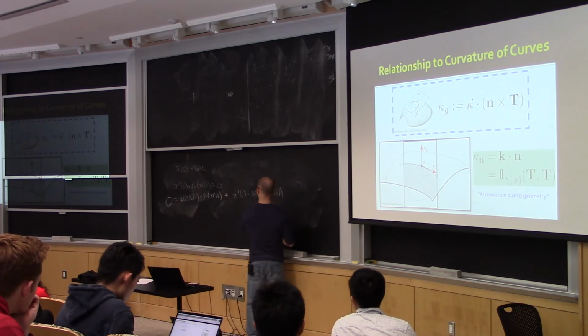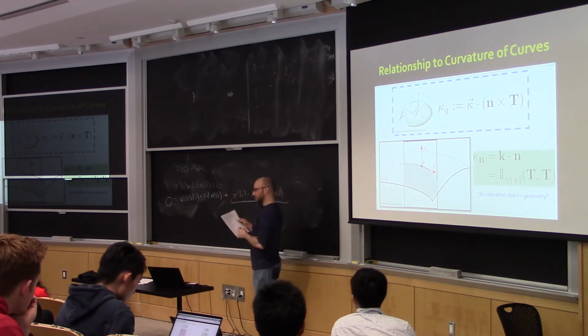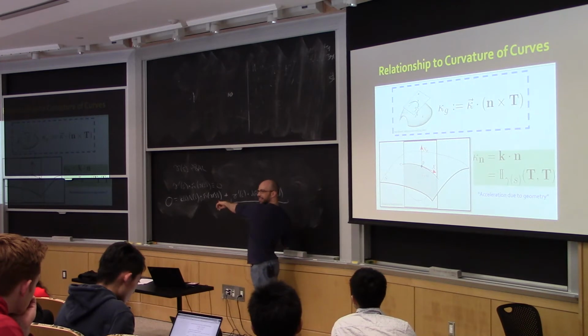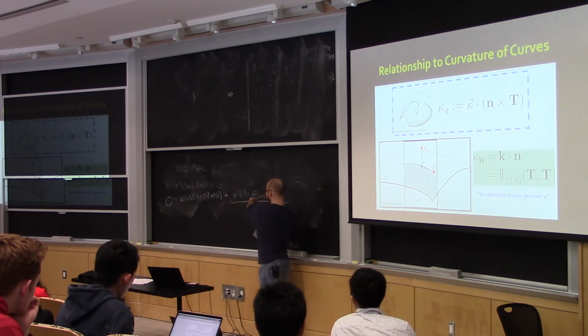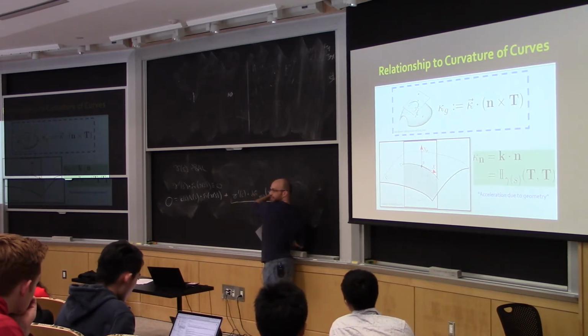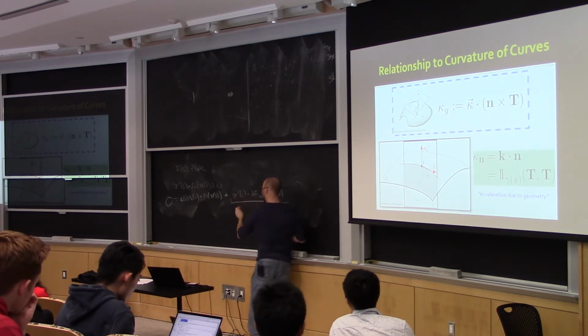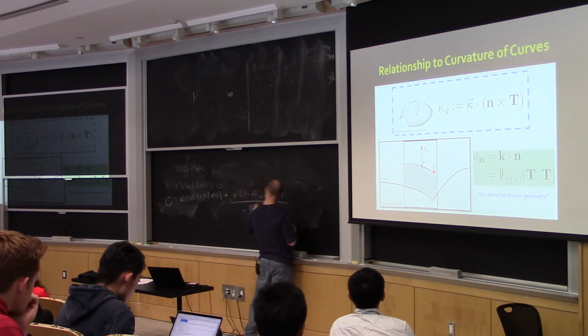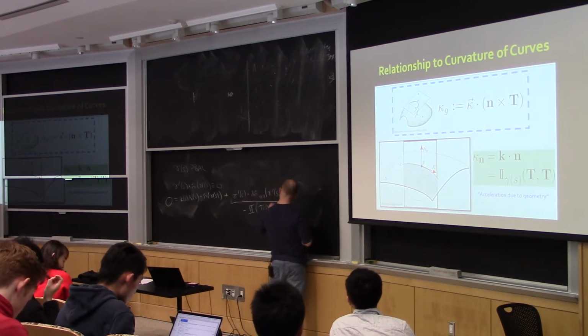Okay, so now we're in good shape, yeah? Because, so what is this thing? Yeah, this is just the definition of the second fundamental form, right? Because I took the normal, I differentiated it, and then I dot producted it with something else. There's a plus in front of it, so we have to be a little careful, right? This is minus the second fundamental form evaluated at t twice.